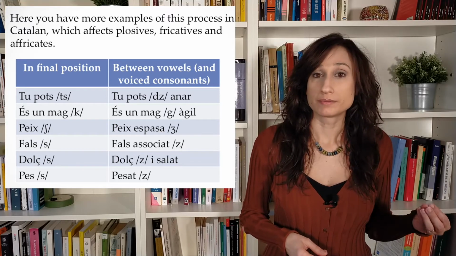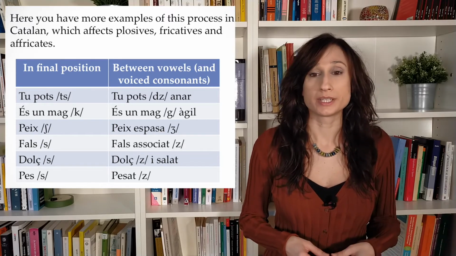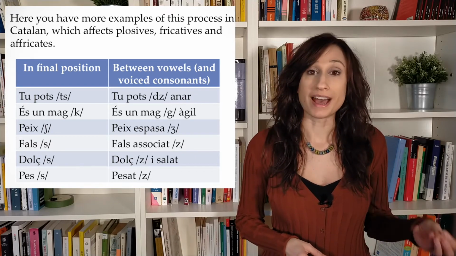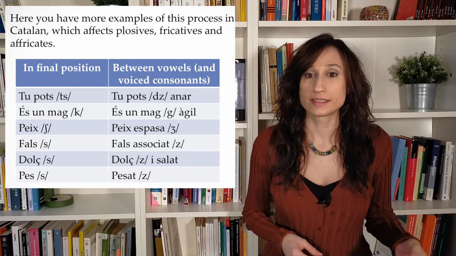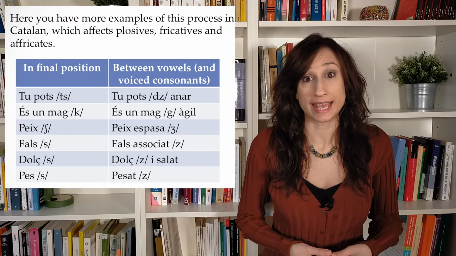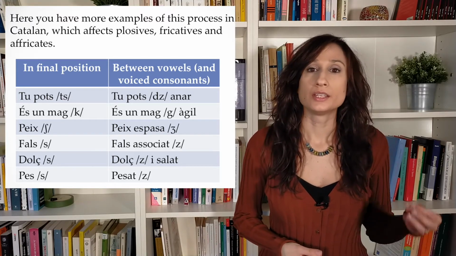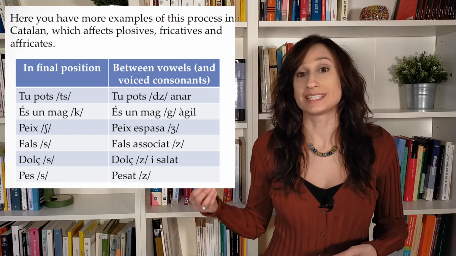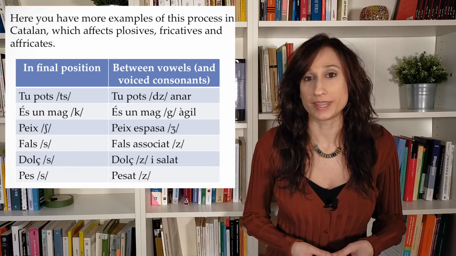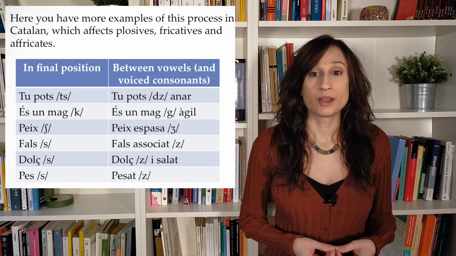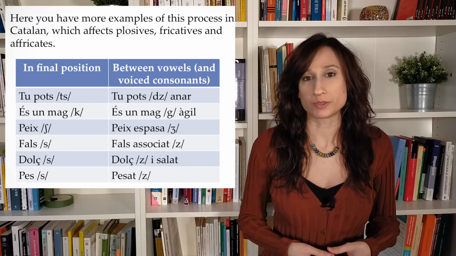"Peix" is pronounced with a sh, but "peix espasa" is pronounced with a j. "Fals" is pronounced with an S, but "fals associat" is pronounced with a voiced Z. "Dolç" is pronounced with an S, whereas "dolç i salat" is pronounced with a Z. "Pes" is pronounced with an S, whereas "pesat" is pronounced with a Z.